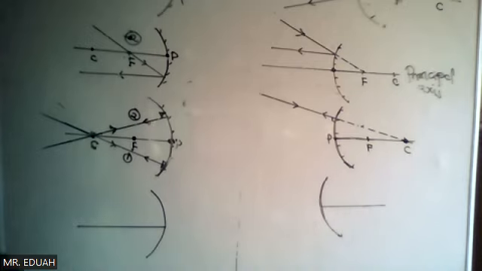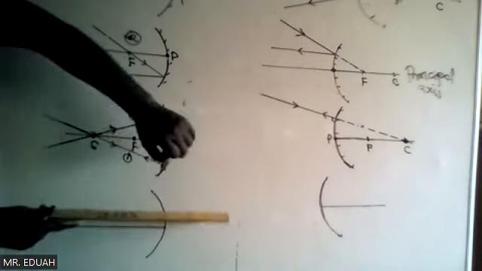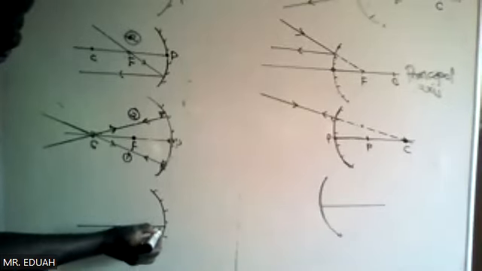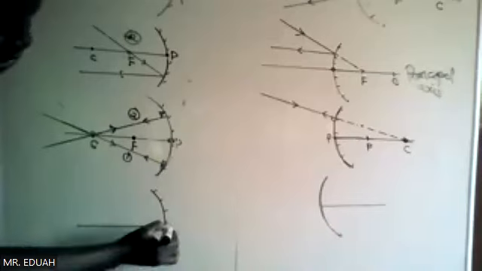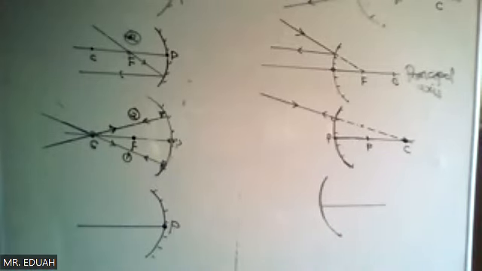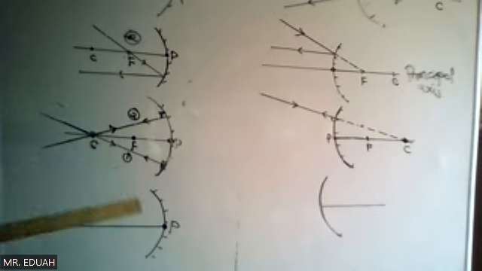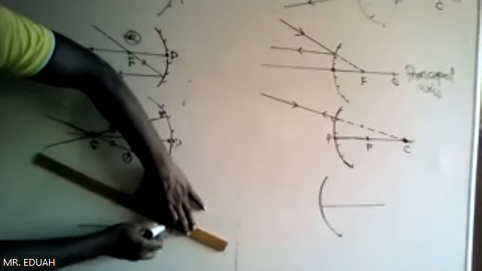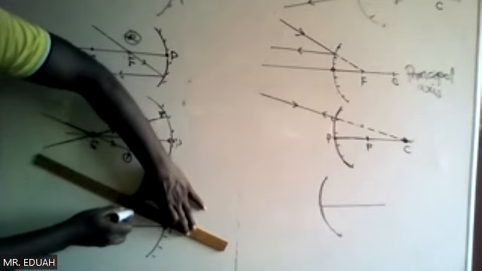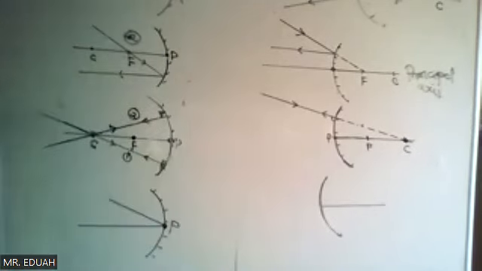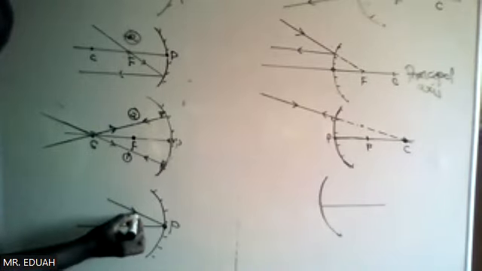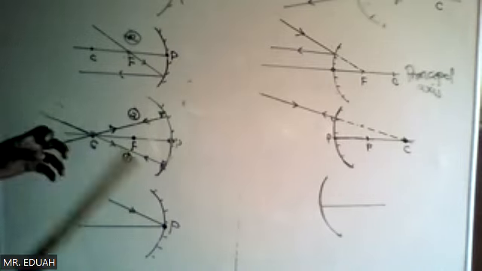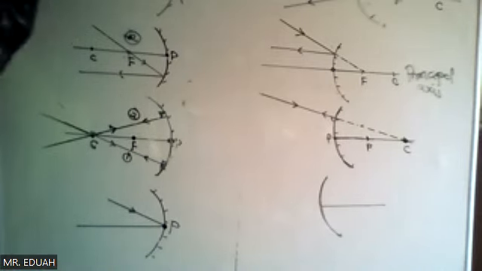The last one is that when the ray hits the pole of the mirror, it reflects at the same angle to the axis. So the ray from somewhere hits the pole, the center of the mirror, and it has to reflect at the same angle.